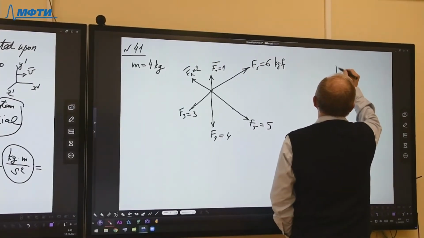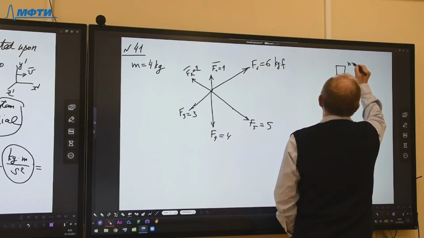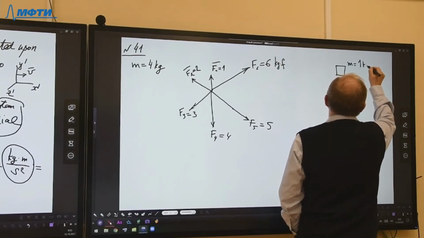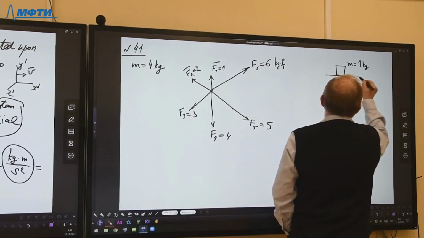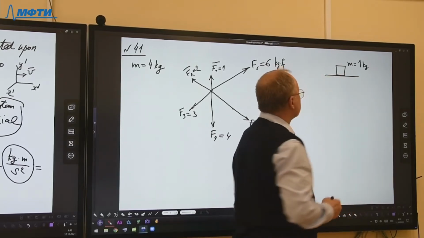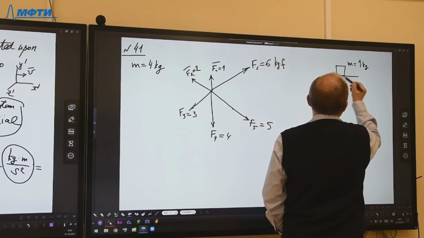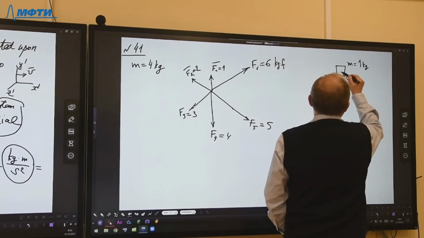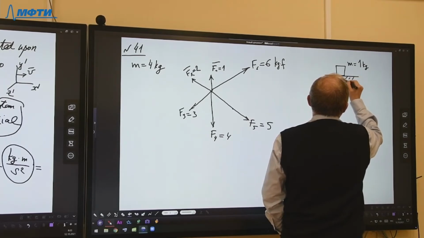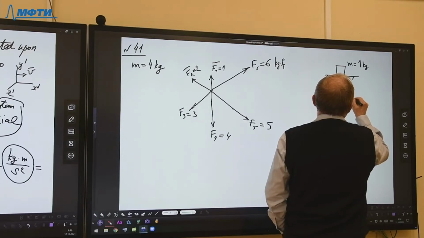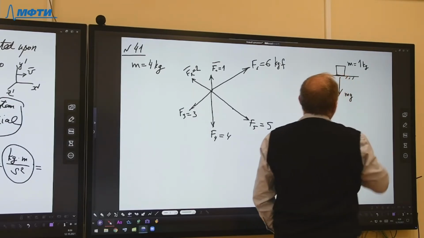If you take a mass of 1 kilogram and you put it on a horizontal surface, then there will be a force acting from this mass on the surface, and the force will be equal to mg.